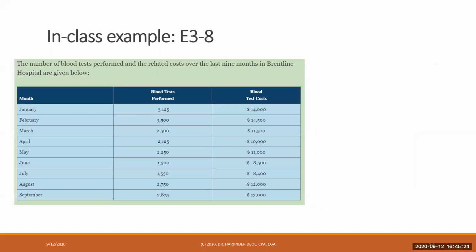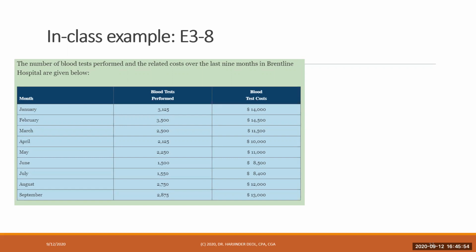Here is an example, exercise 3-8. We're given information on the number of blood tests performed and the related costs over the last 9 months at the Brentline Hospital. We're given numbers for the month of January all the way through September: the number of blood tests that were done in each month and the total blood test costs incurred in each month.